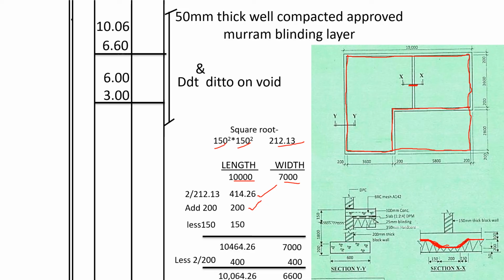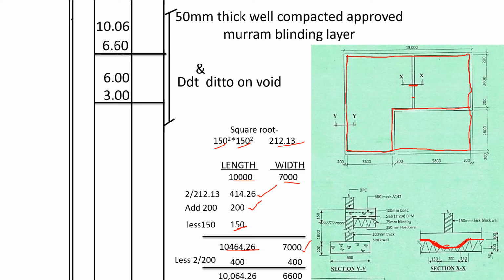Then because we have been able to find the total length, we shall deduct 150 thickness of the wall that was already here, so that it is compensated by the hypotenuse, base, hypotenuse. So we shall get 10,464.26, and the width shall remain to be 7,000.